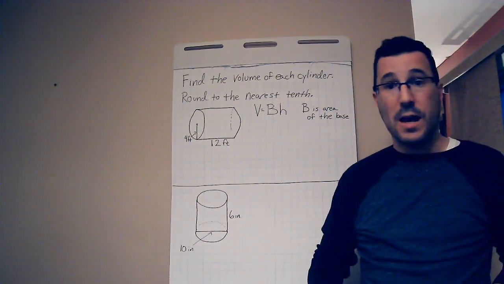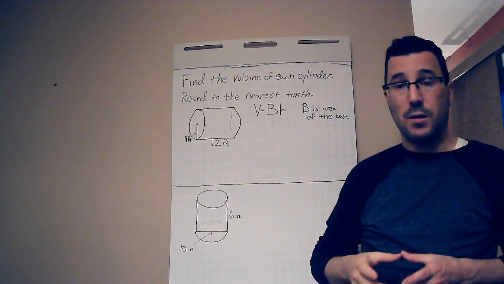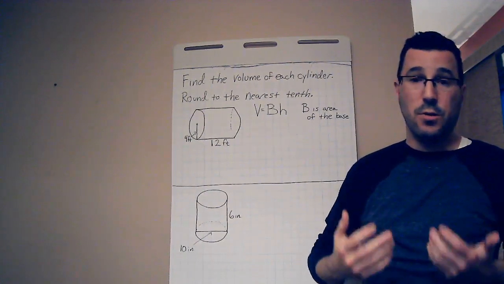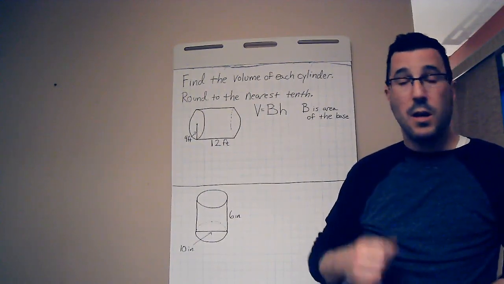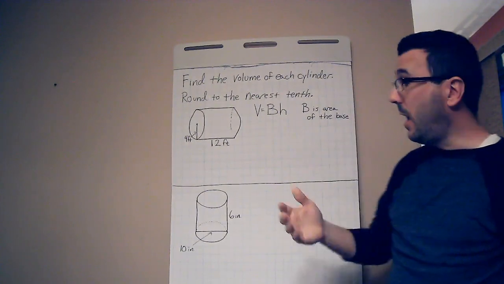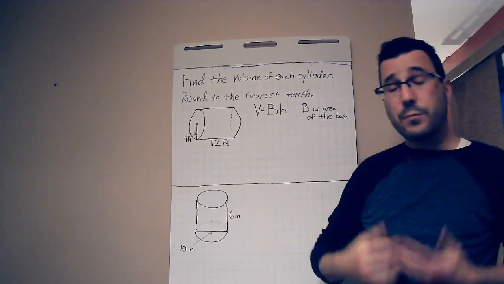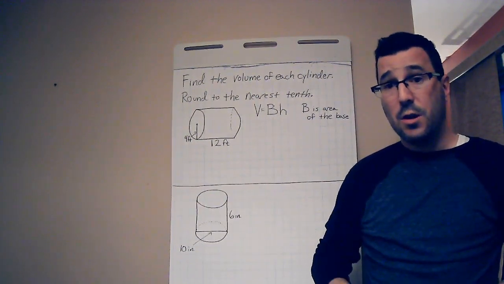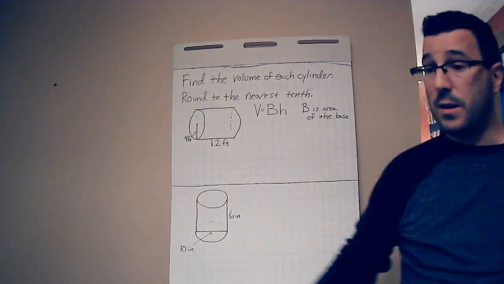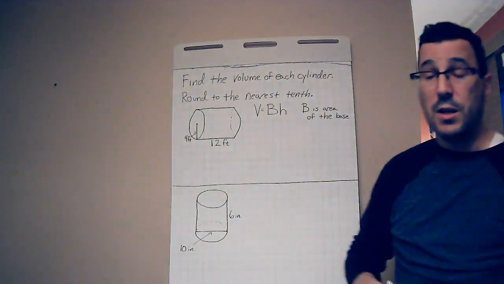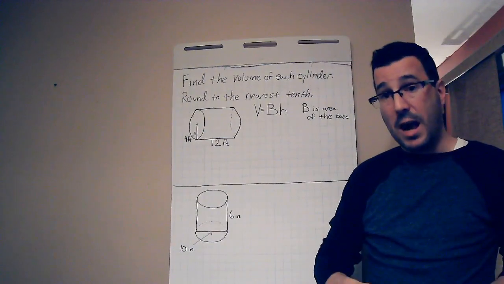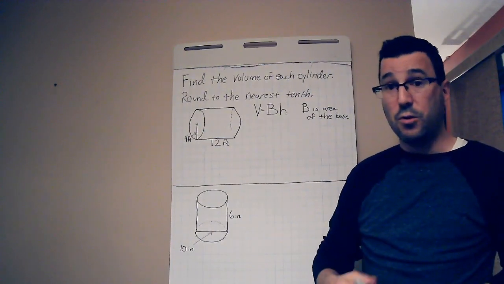So, again, if you have a rectangular base, you would use length times width. If you had a circular base, you're going to need the area formula for a circle. Now, the area formula for a circle is pi r squared. Pi times the radius of the circle squared.